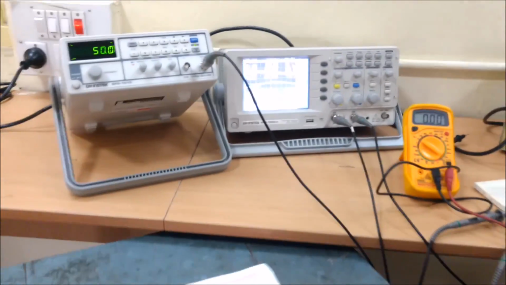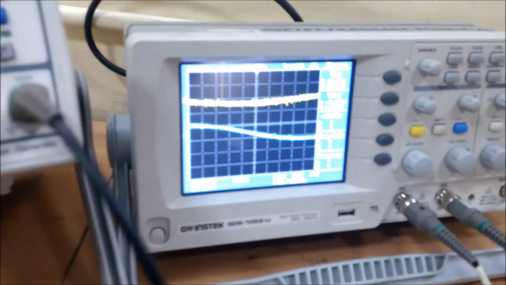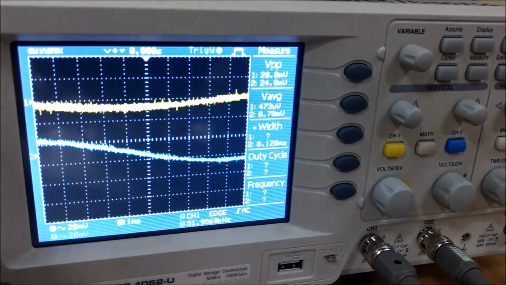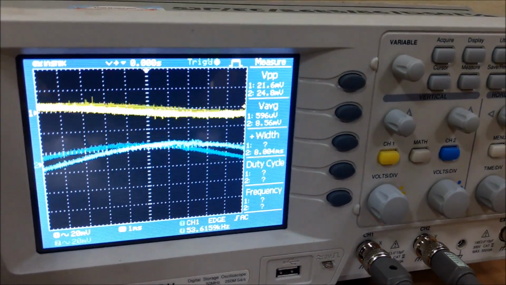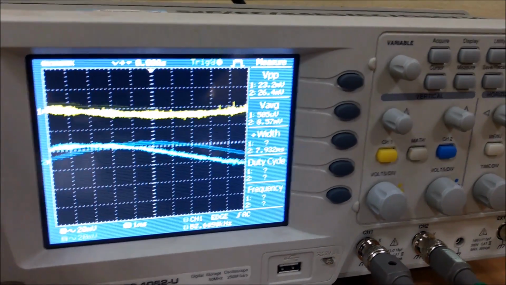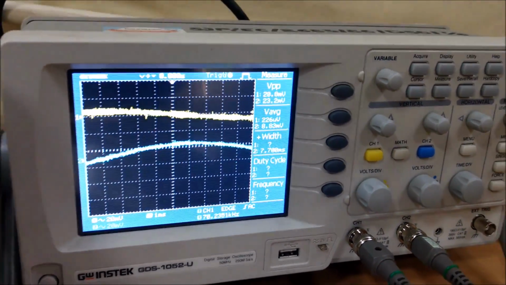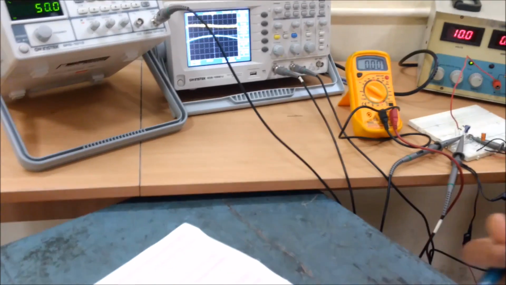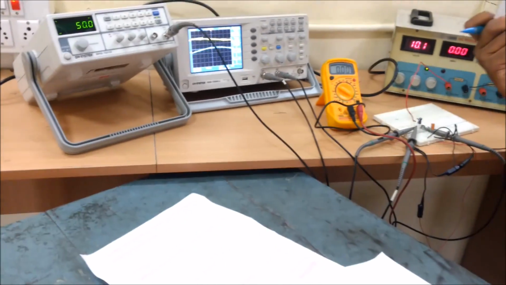It's purely less than that. That's not in a stable case. Let's assume we are at 20 millivolts. Then our output is 20.